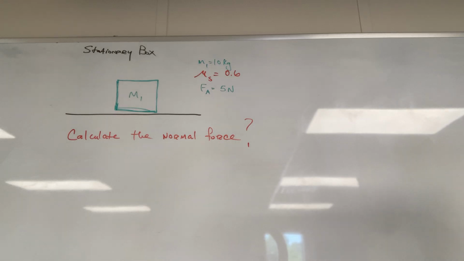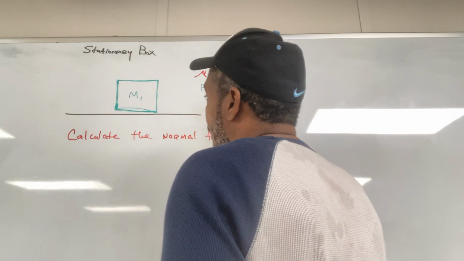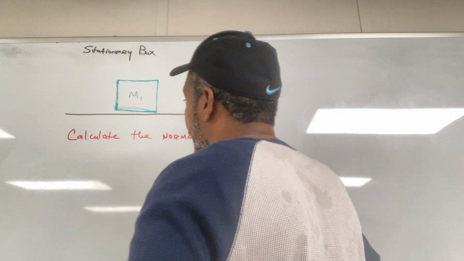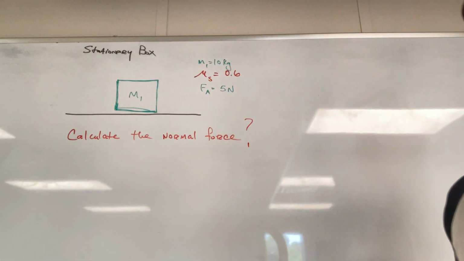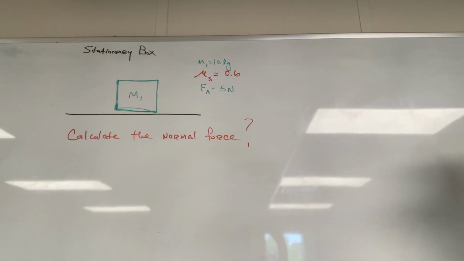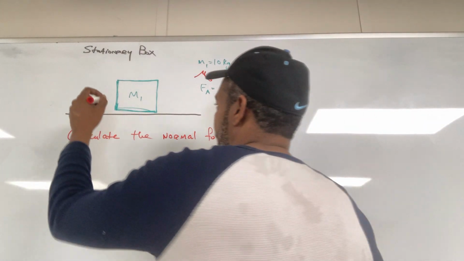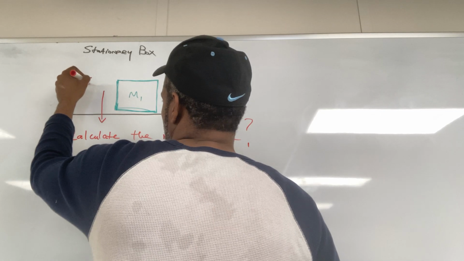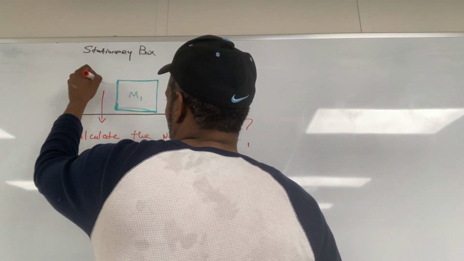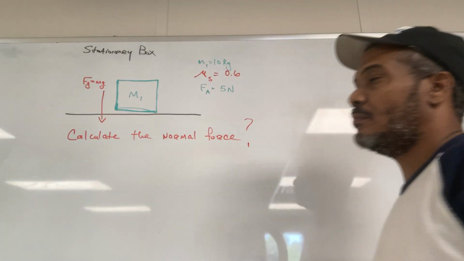Yes. Identify the forces. Yes, sir. Okay. So what's the forces acting on the box? Gravity always. Gravity acts on everything all the time. And that's equal to what? mg.